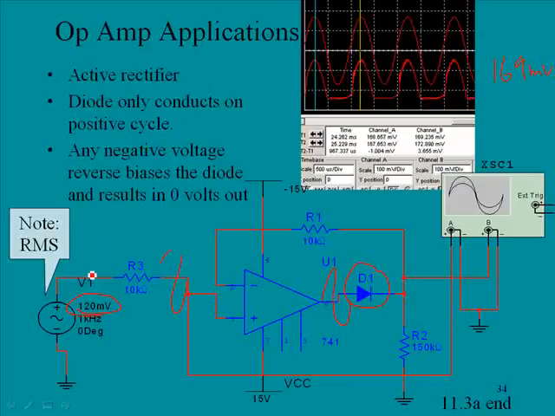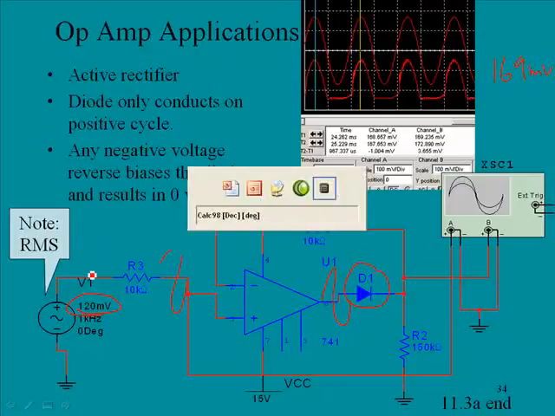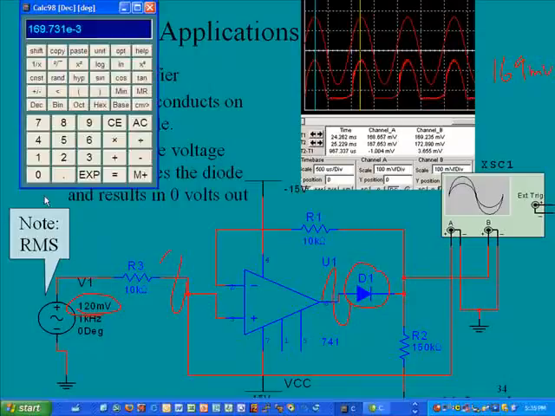So what you'll need to do is make the conversion. We say 120 times 10 to the minus 3, that is in millivolts, and we would divide that by 0.707, and there we would have 169, and so that coincides with the reading that we have on our oscope.